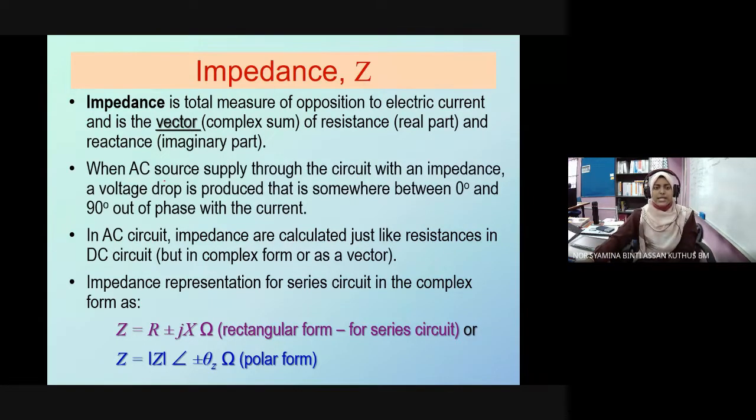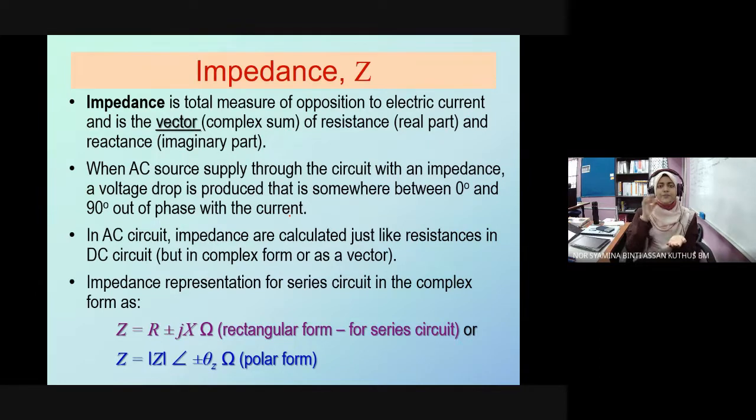So bila mana any AC source supply through the circuit with an impedance, dia akan ada voltage drop somewhere between 0 degree to 90 degree out of phase with the current. So dia akan ada leading or lagging by that 90 degree. Dia akan ada somewhere in between lah.